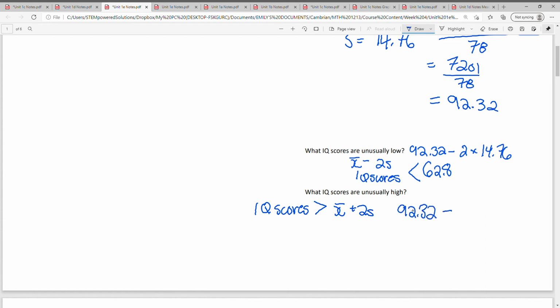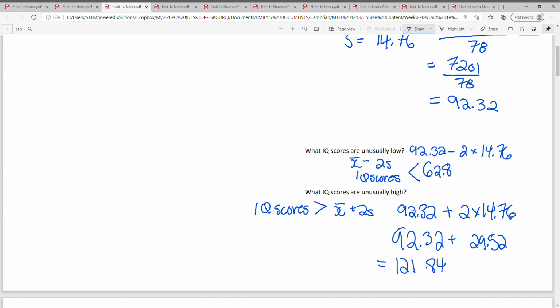So it would be 92.32 plus 2 times 14.76. So 2 times 14.76 equals 29.52. So that's 92.32 plus 29.52. So that's 121.84.